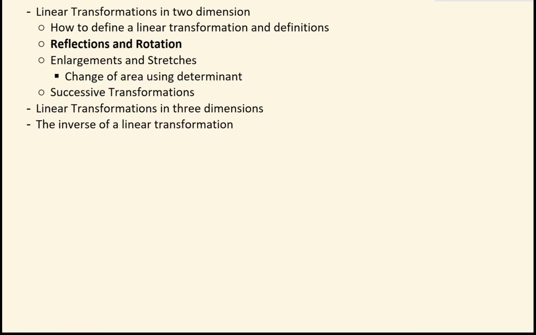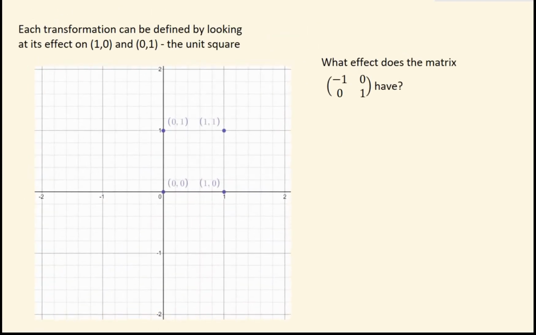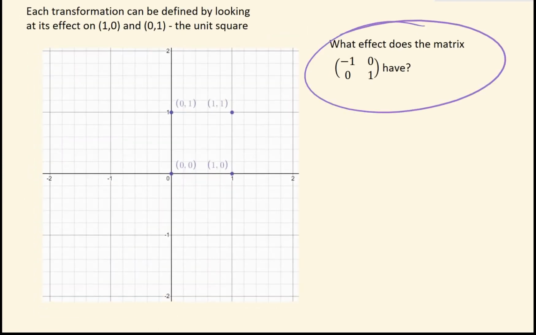We're going to start looking at reflections and rotations. So I've got this matrix here, (-1, 0; 0, 1). So I know (1, 0) is going to go to the first column here. So it's going to go to (-1, 0), which means this coordinate is going to move over here.